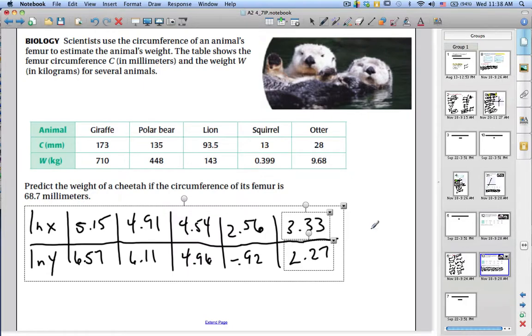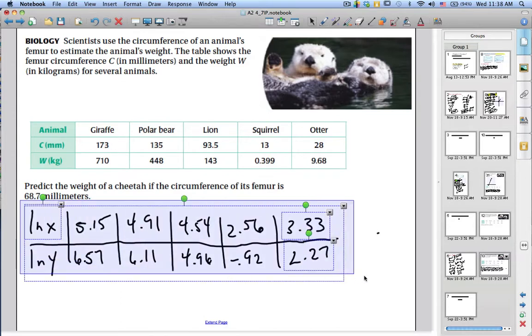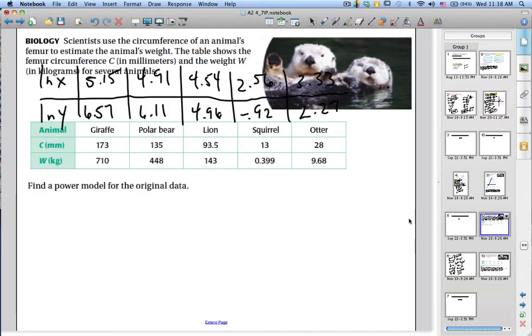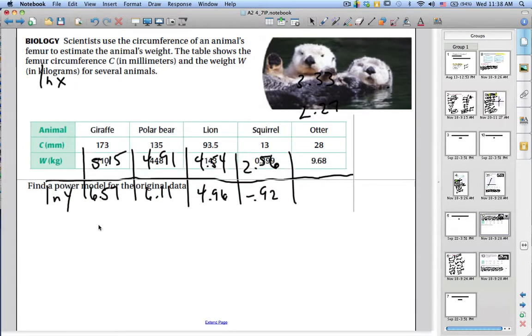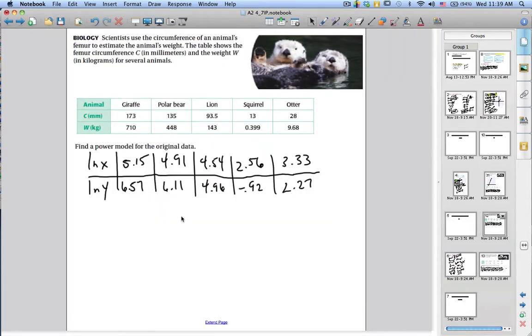Again, I want to take all of this and bring it over here. And I want to pick some values. So now I've determined this is a linear model. I can work with it like a linear function.